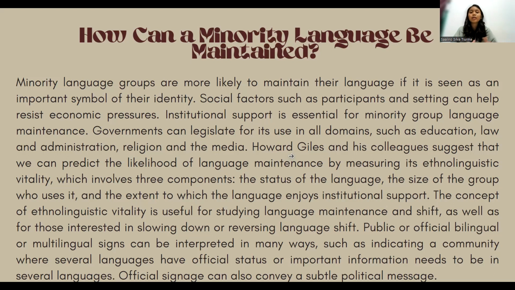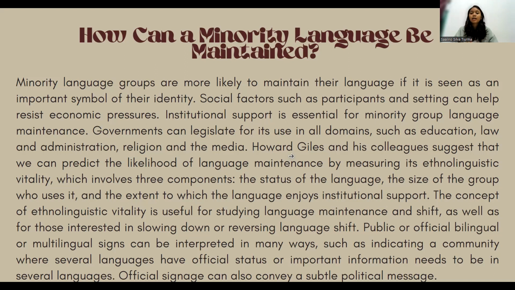However, Howard Giles and his colleagues suggest that we can predict the likelihood of language maintenance by measuring its ethnolinguistic vitality, which involves three components. The first one is the status of the language.